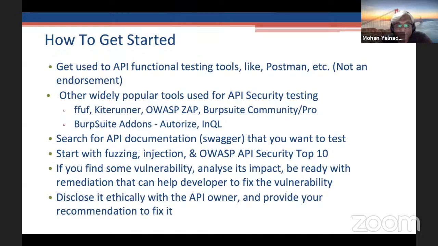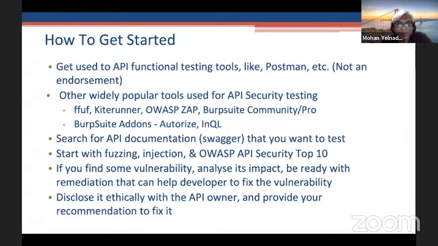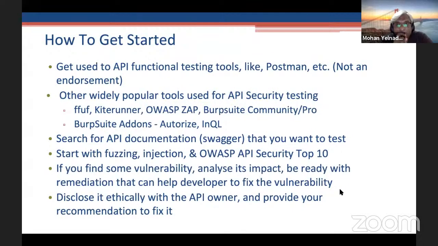And if you are able to find something, like some vulnerability, you do your own analysis. You understand what impact it can have, whether it can impact only one API, or only one customer, or the whole enterprise database.